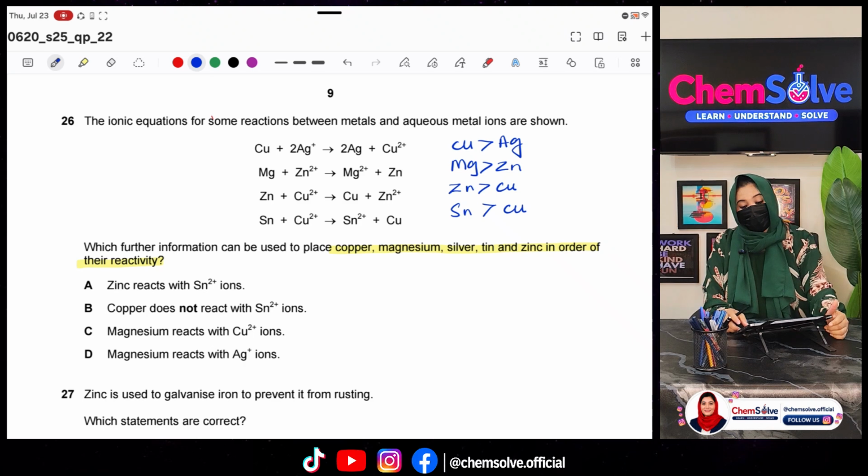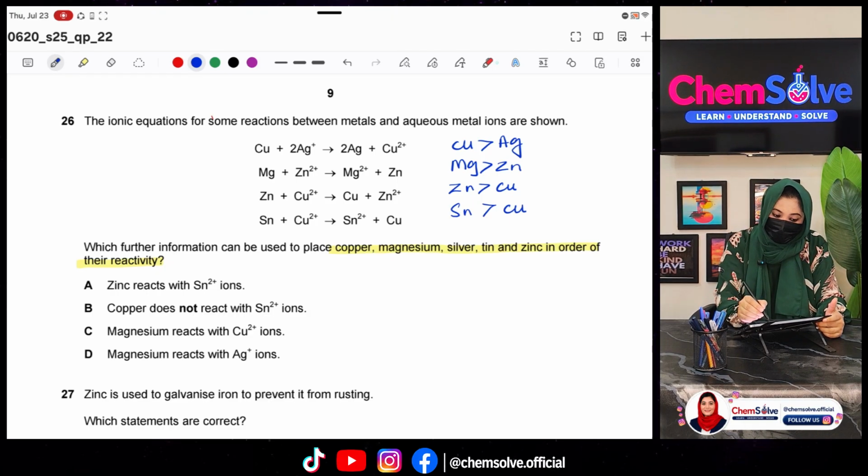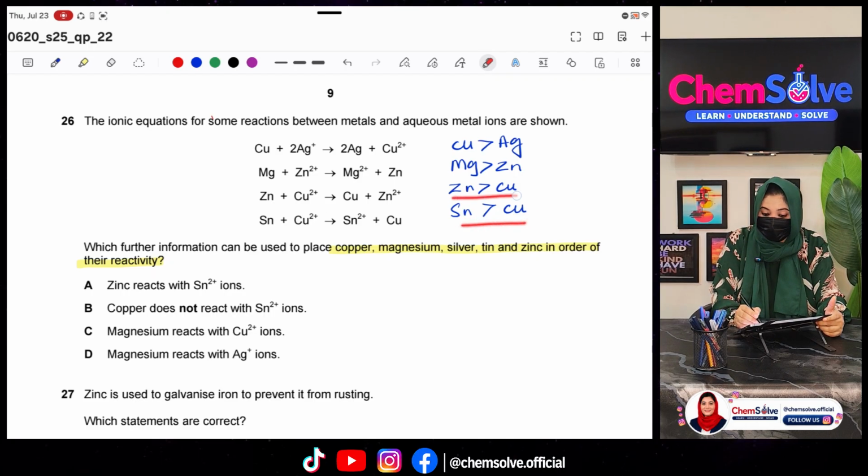Okay, so from this discussion, what can we deduce? Look at the trend. Tin is more reactive than copper, but zinc is also more reactive than copper. But magnesium is more reactive than zinc.